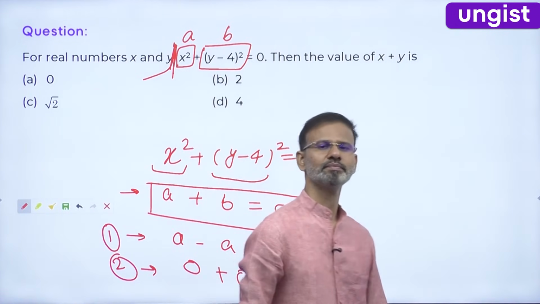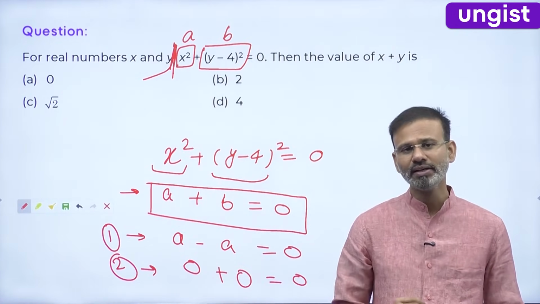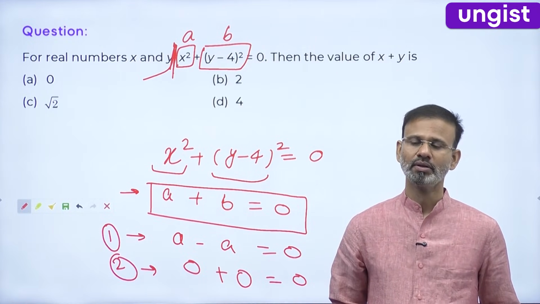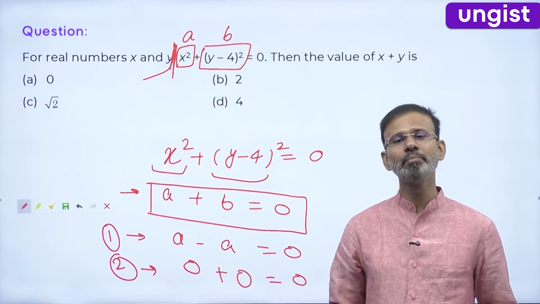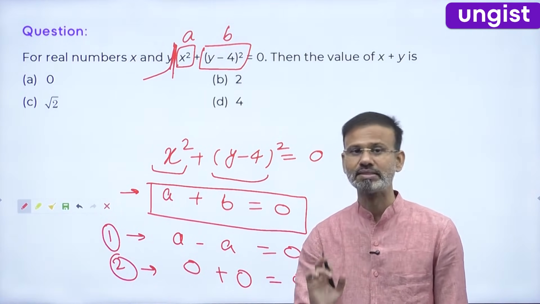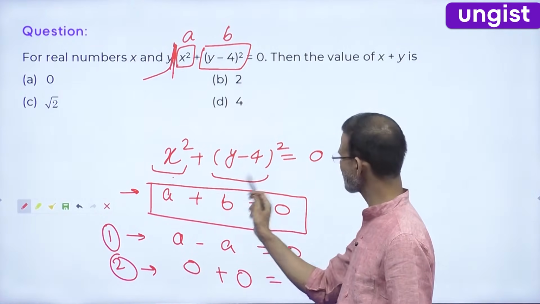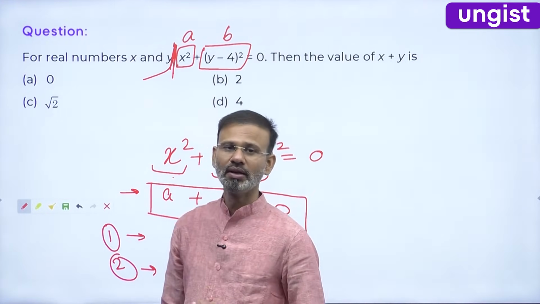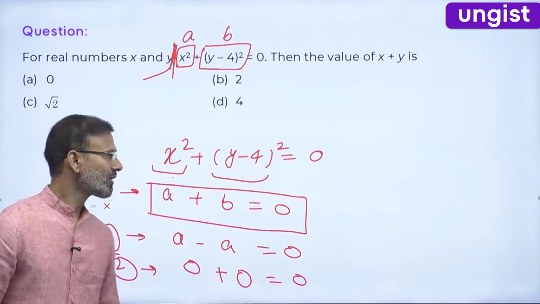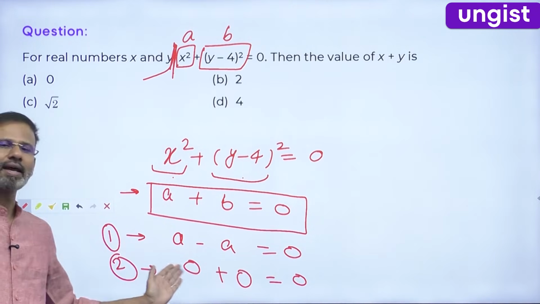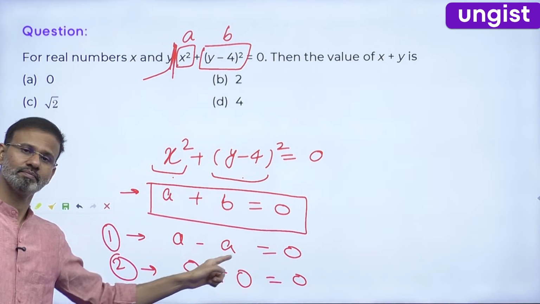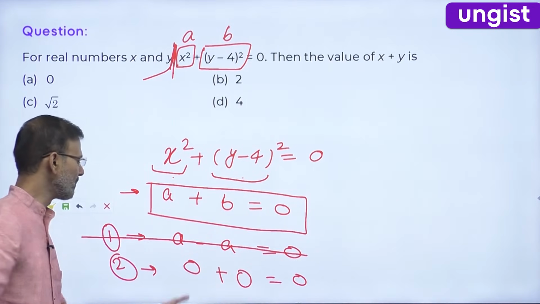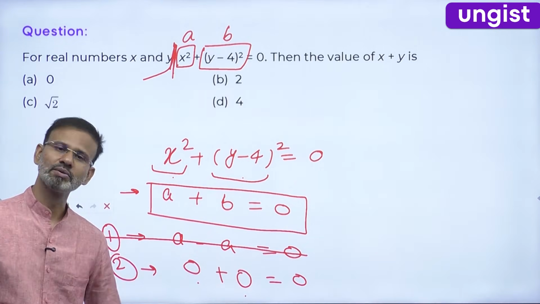Right, everyone? Correct. But here, A and B are what? A and B are perfect squares, guys. ये स्क्वायर, ये भी स्क्वायर. Guys, they are perfect square numbers. And perfect square number can never be negative. Okay, so this case is eliminated. It means both of them individually are 0.